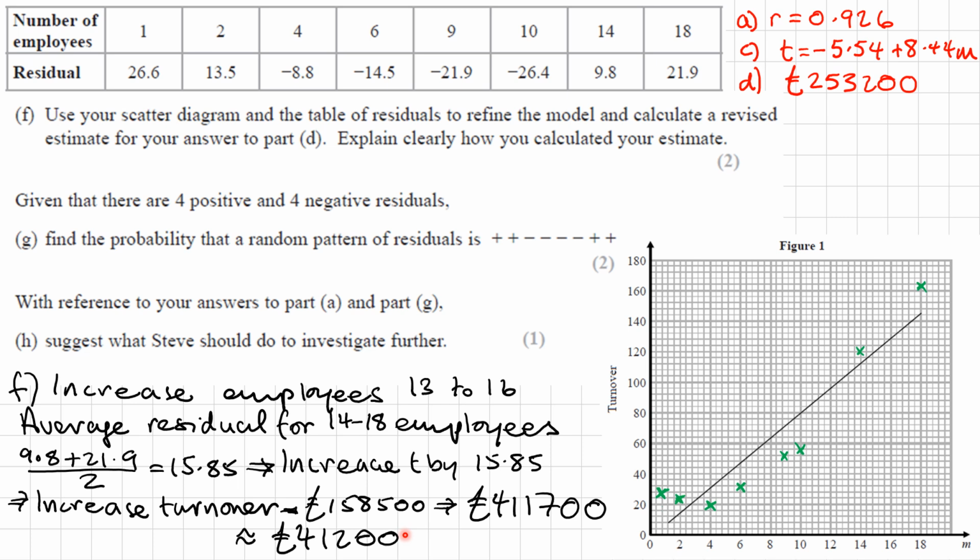And I just realised I need another 0, 412,000, not 41,200. So that will be my revised figure based on the residuals: around that number of employees, our regression line is underestimating the actual turnover, whereas for some of these figures in here it is overestimating the actual turnover.